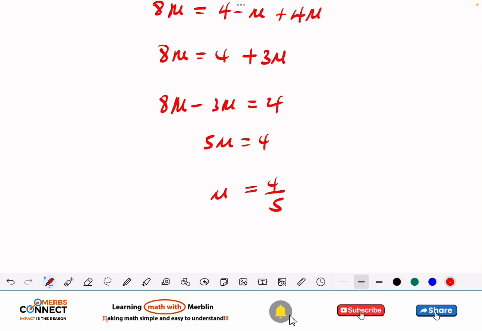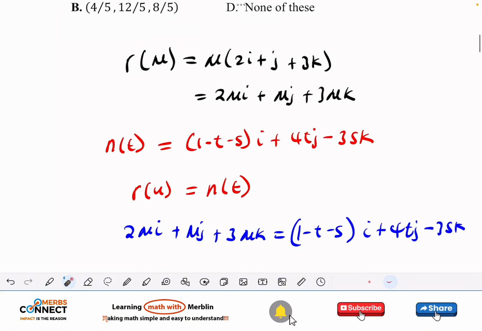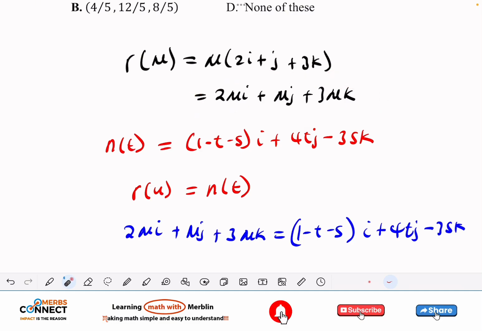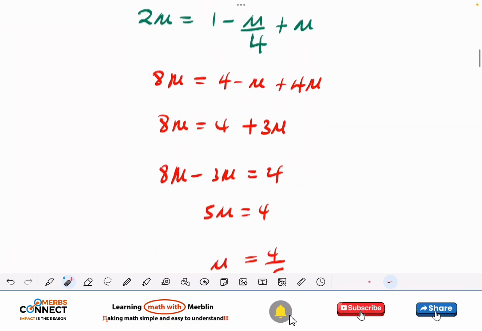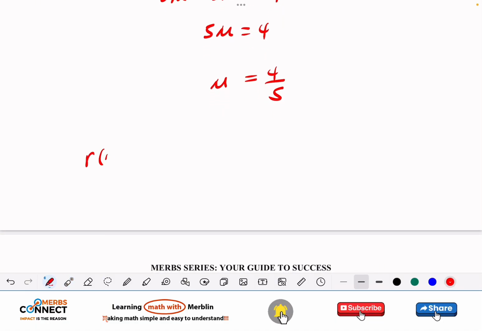So now that we have gotten mu, we can go to one of the equations, right? They are the same. So I can put it inside this one and see how we are going to get our point. So we know that we have one of the functions, which is r of mu, equal to 2 mu i plus mu j plus 3 mu k.